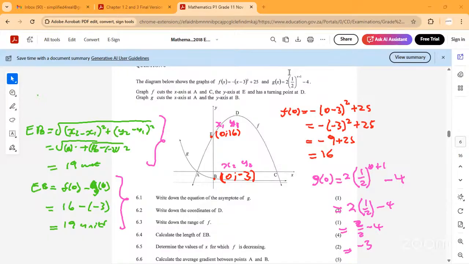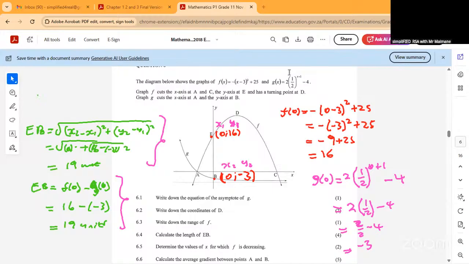So can I guess? You can guess. 3. x will be equal to 3. Let's support that statement. Why is it 3?